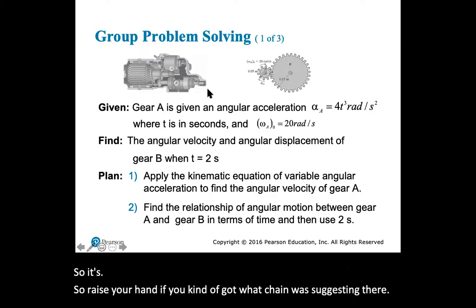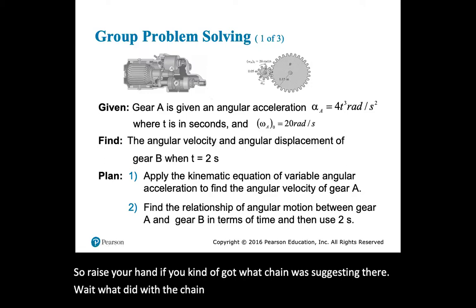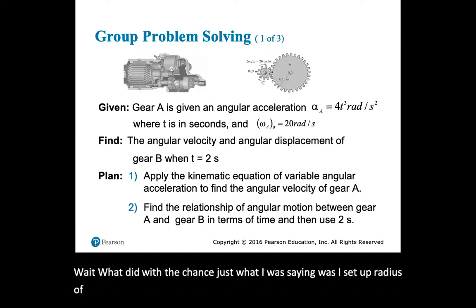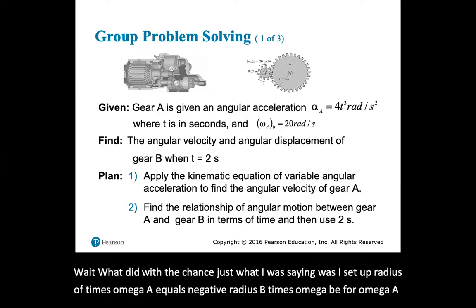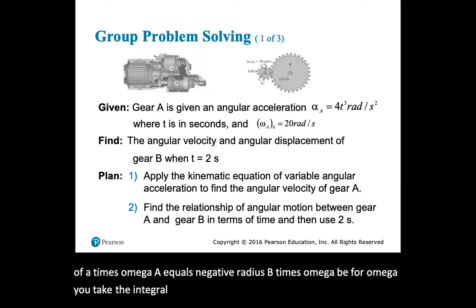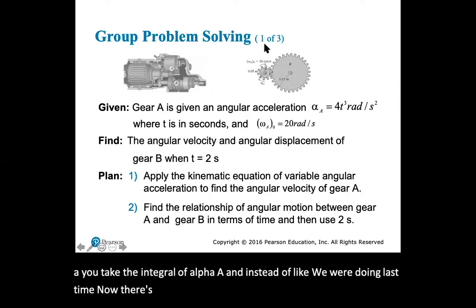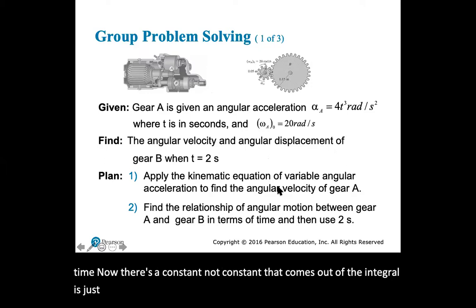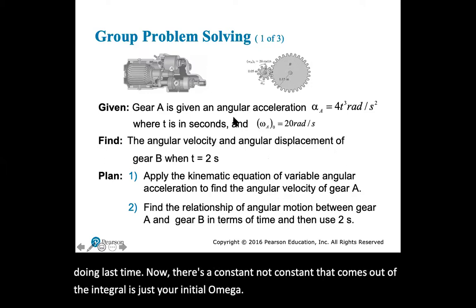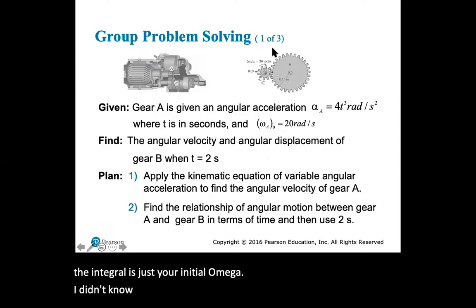What did Shane suggest? What I was saying was I set up radius of A times omega A equals negative radius of B times omega B. And for omega A, you take the integral of alpha A. And instead of like we were doing last time, now there's a constant, and that constant that comes out of the integral is just your initial omega A. It sounds like copying my paper.